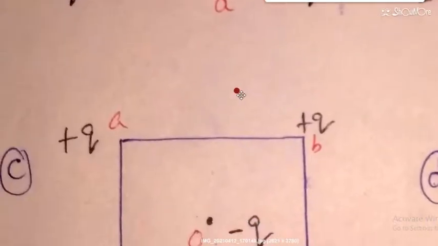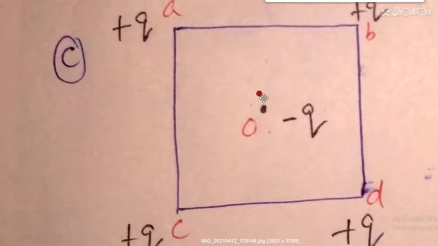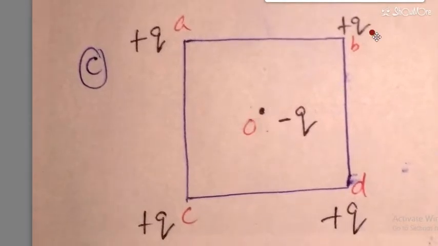The hint for the third question is: all are positive, and at the center a negative charge is placed. So this positive will attract this negative, with the same magnitude.